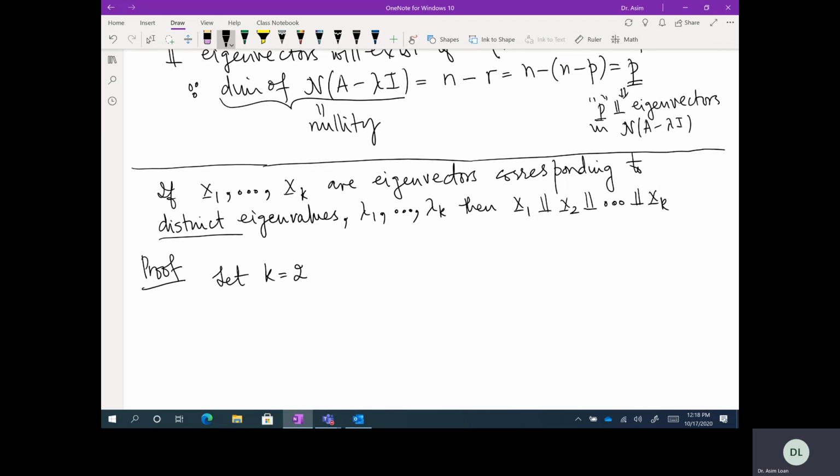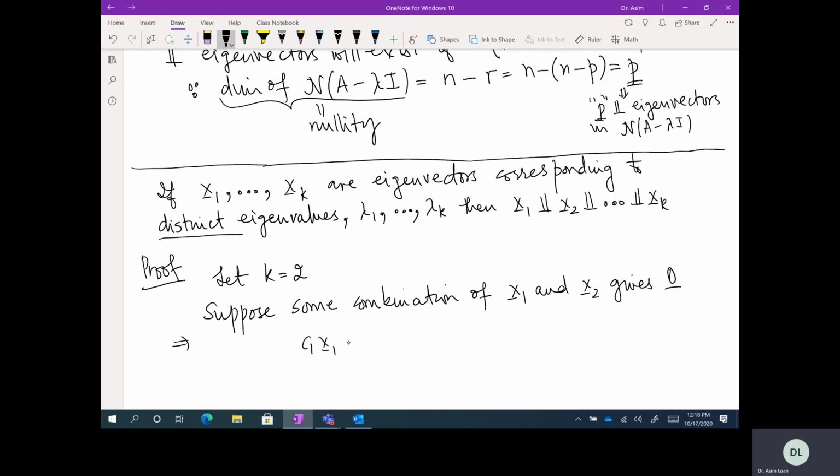If k is equal to 2, suppose some combination of x1 and x2 gives 0. This implies c1x1 plus c2x2 equals 0, so c2x2 equals minus c1x1.